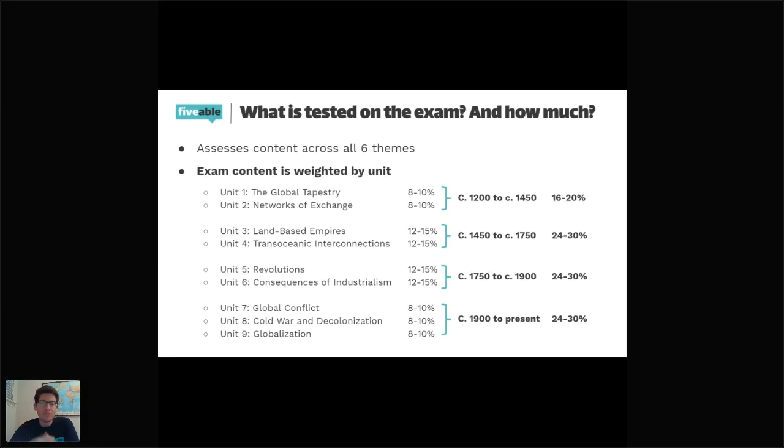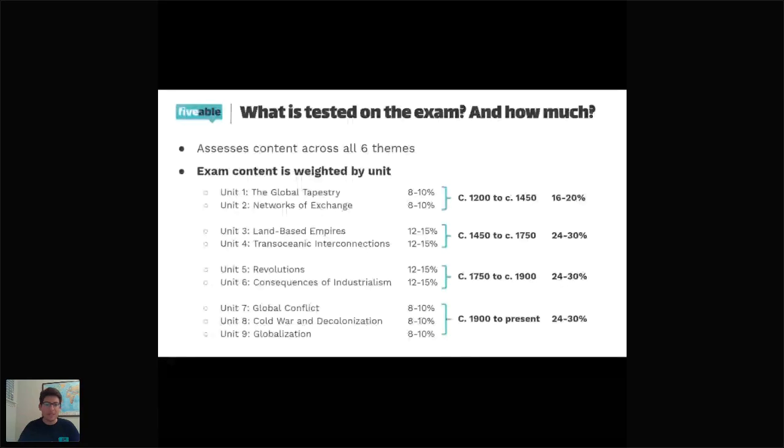So if you're on YouTube and searching for stuff on period 3, anything that's 1200 on will be covered in period 3 up to 1450. But that is split into 2 units, about 8 to 10% each. That means the unit itself is about 16 to 20%. 1200 to 1450, 16 to 20% of questions will come from that time period. And that's across the whole exam.